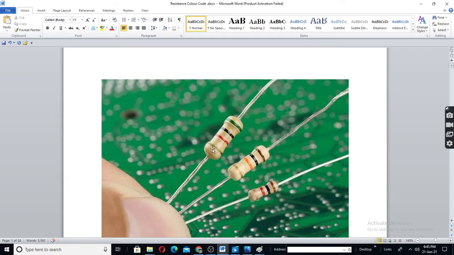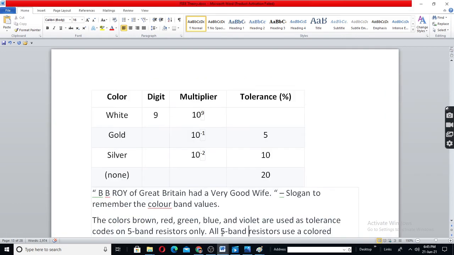This gold or silver is used as tolerance only in four band resistors. Okay, if you want, you can listen. Otherwise, you can ignore. These are some deep aspects. Even if you don't understand, just ignore. Don't worry. Don't take burden.